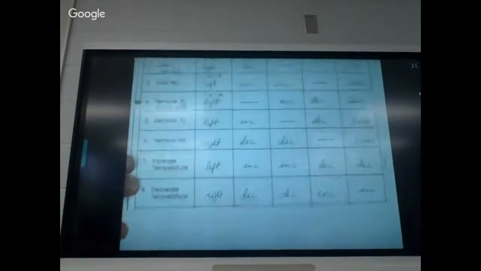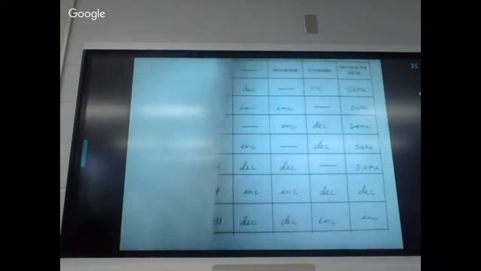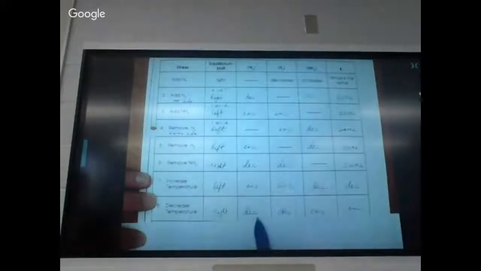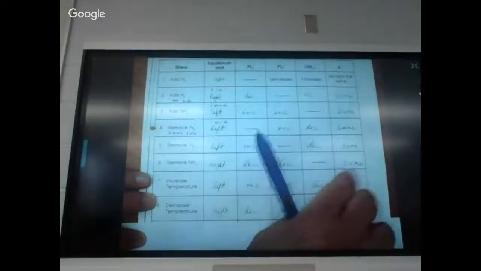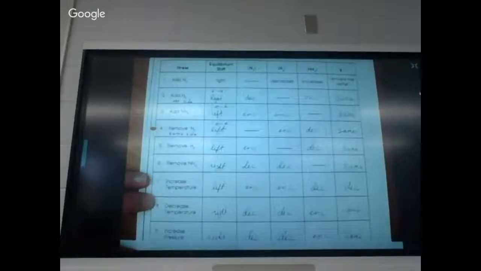Number 8, if we decrease temperature, I got to make it smaller if you want to see the equation. Okay. You're going to go to the right. These things are going to decrease, decrease, increase. Temperature, all I told you had to write there is it's going to change. These two should just say change. You don't have to know if they increase or decrease. You don't have to know the rules.